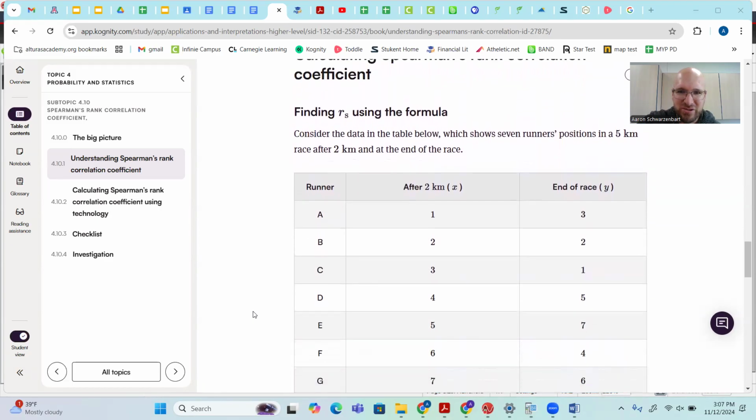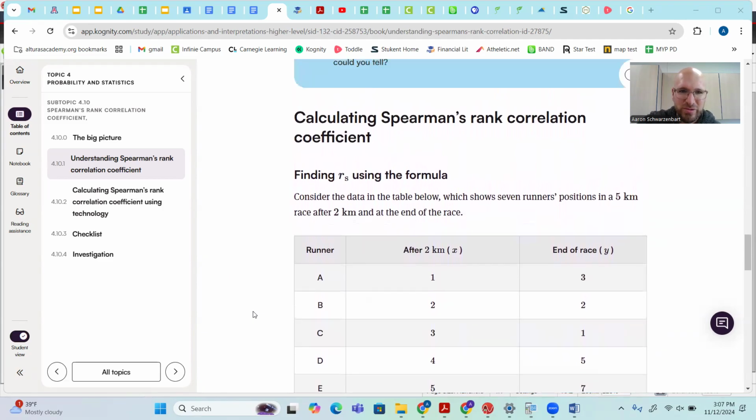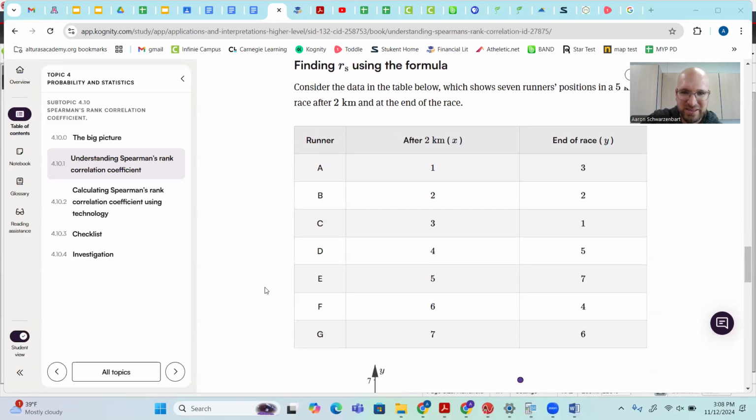Calculating the Spearman's rank correlation. Spearman's rank correlation uses the subscript S. Generally, correlation uses R. R sub S is Spearman's rank correlation. Okay. And here we have an example. We have runners in a race. We have their rank at 2 kilometers and their rank at the end of the race, or essentially their place.